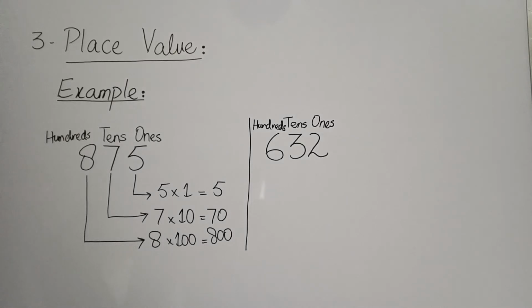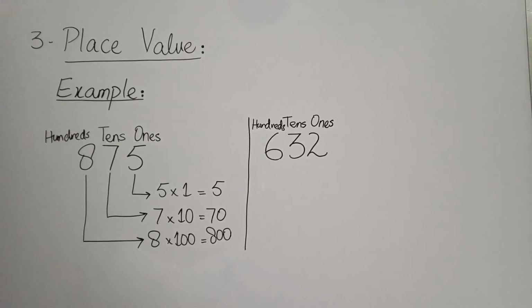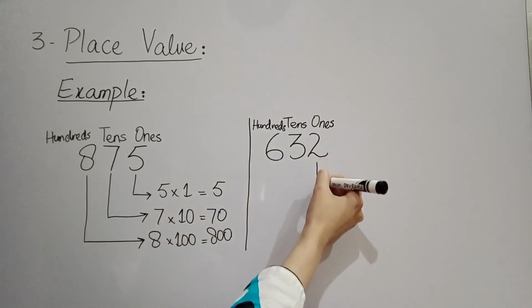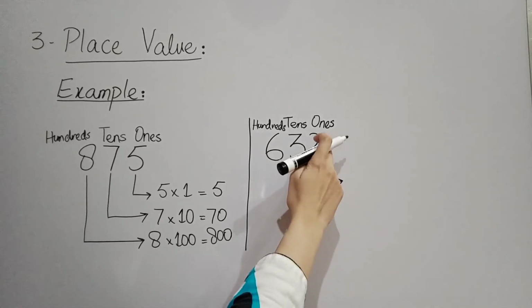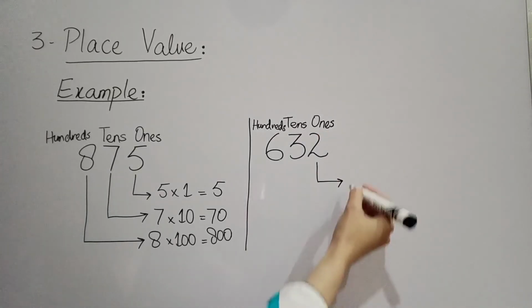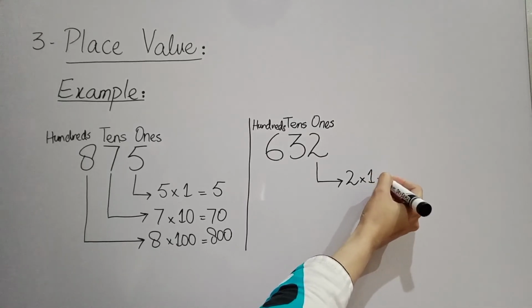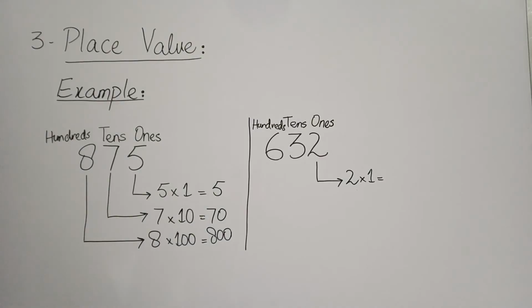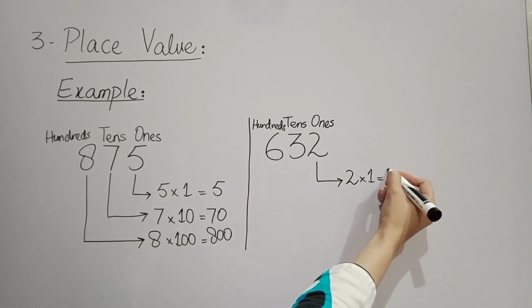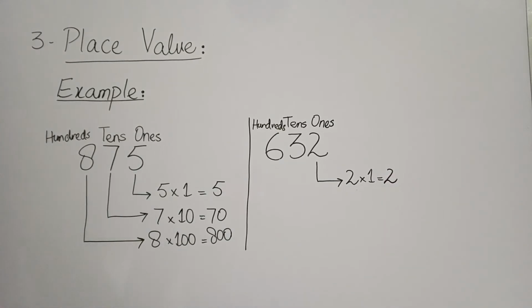So how will we find the place value of each one of them? 2 representing ones means 2 will be multiplied with 1, so we will get 2.